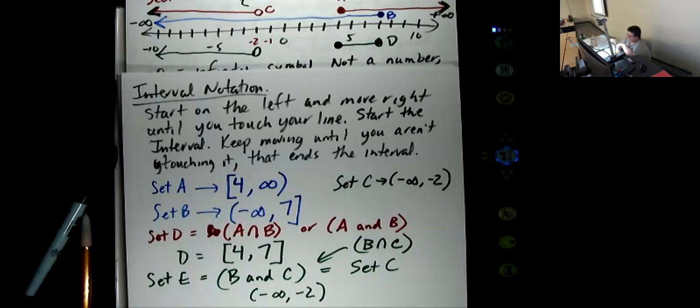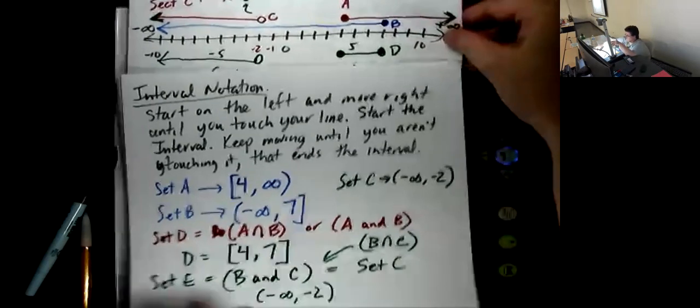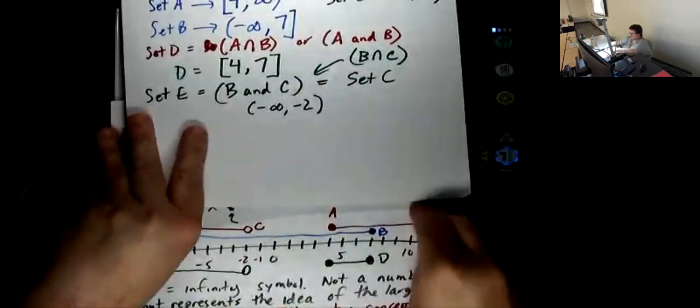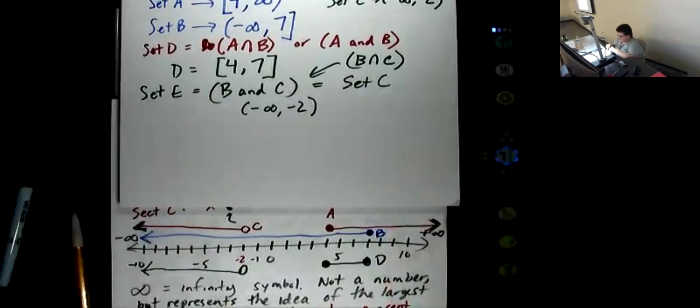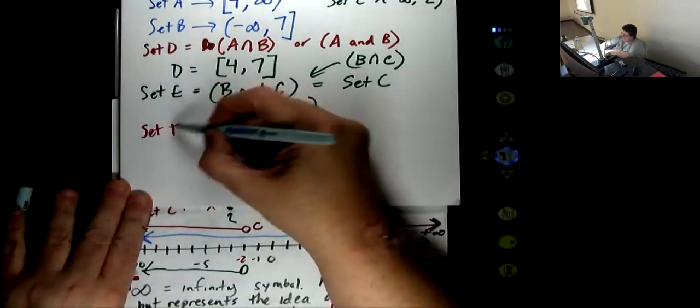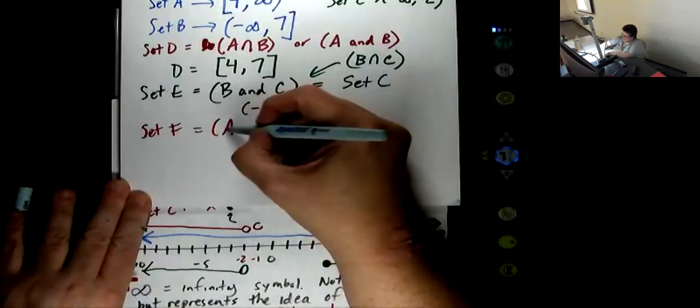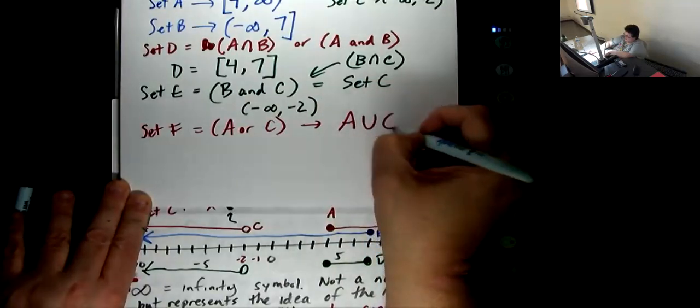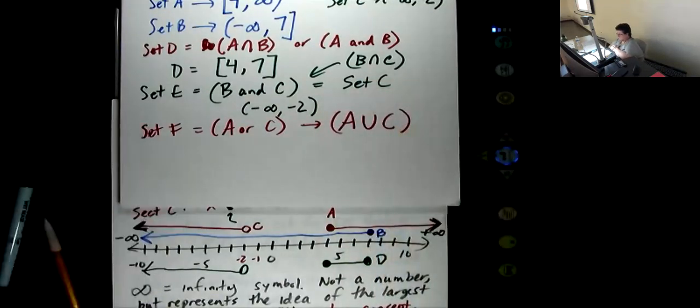Now the one that looks quite a bit different. Let me move this down to the bottom. If I do set A or C, we'll call it F. That's the same thing as A or C, which is the same as A union C. Now it needs to be on either red line.